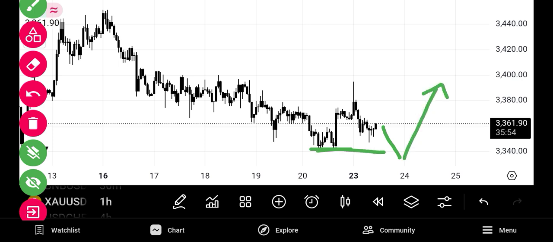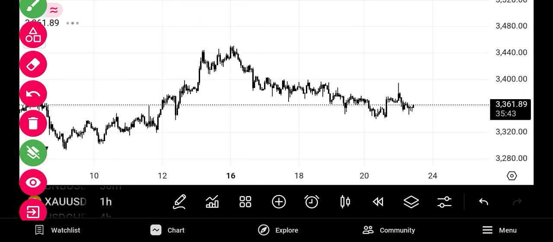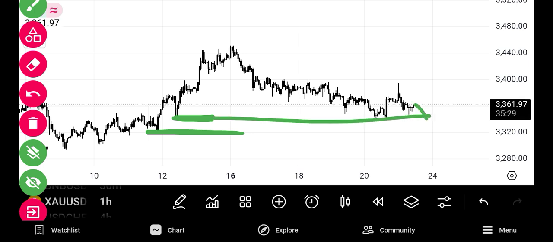So that's why I'm saying that you could still be looking at price taking out these lows before shooting to the upside. So don't place your stop losses over here if you are going to enter the trade that I'm in, guys. Rather place your stop losses at that area that I showed you earlier, which is over here. This is the area over here. So don't put your stop losses over here, because price could still be heading down to take that out before going to the upside.